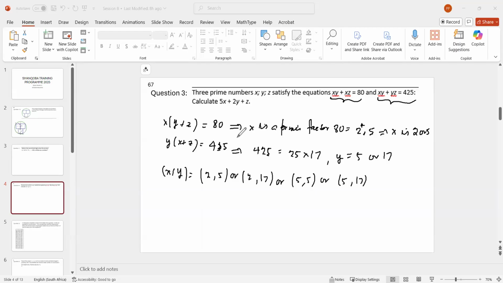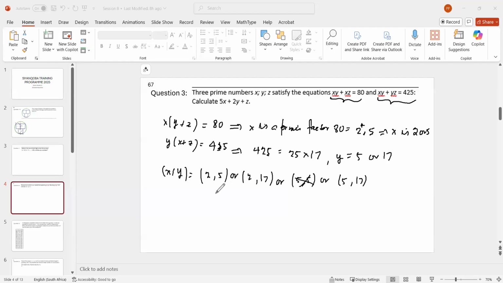Right? Now, I can eliminate this one here because they said that there are 3 prime numbers here. So in this case, x and y are both equal. So that can't be the case. There are 3 prime numbers, not 2. Okay, so you'll have this situation. Now, you can take each one of them and try to see whether you get this.